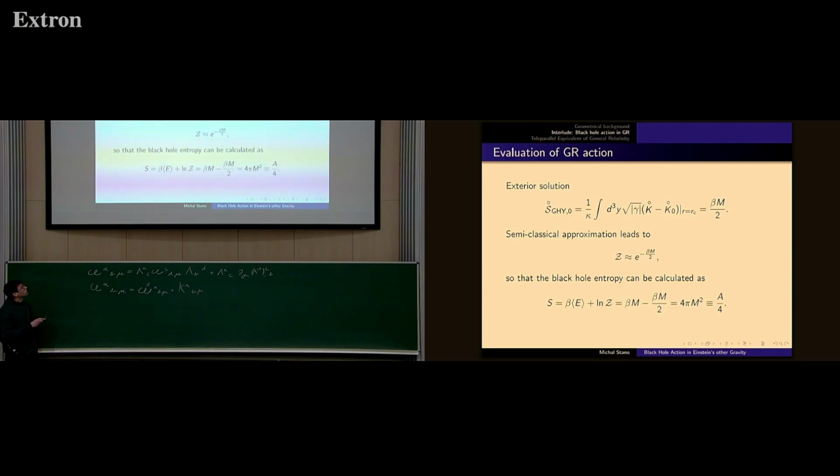Okay, all in all, it turns out that following this Euclidean path integral approach, we recover the standard Bekenstein law for black hole entropy, which is area over 4.